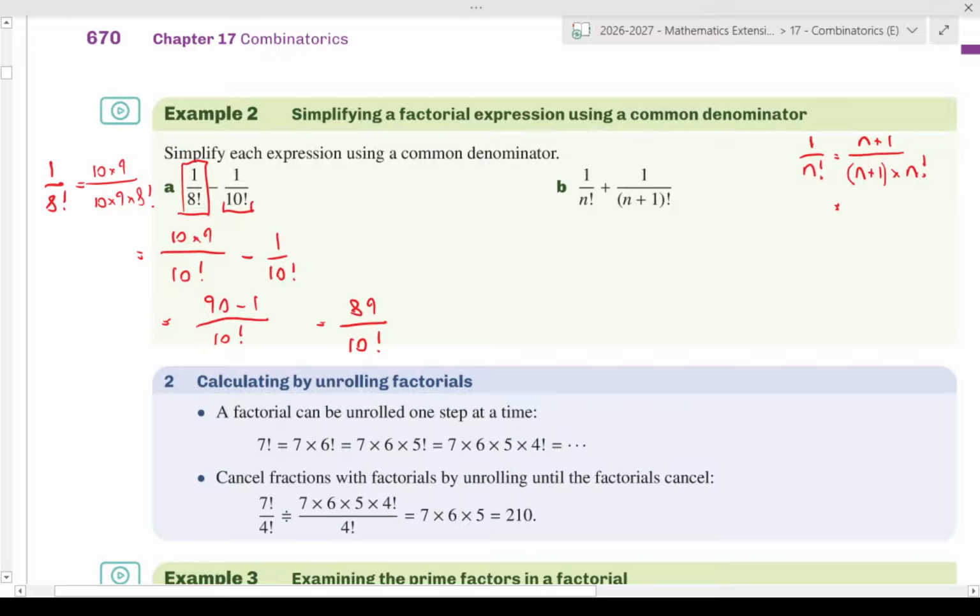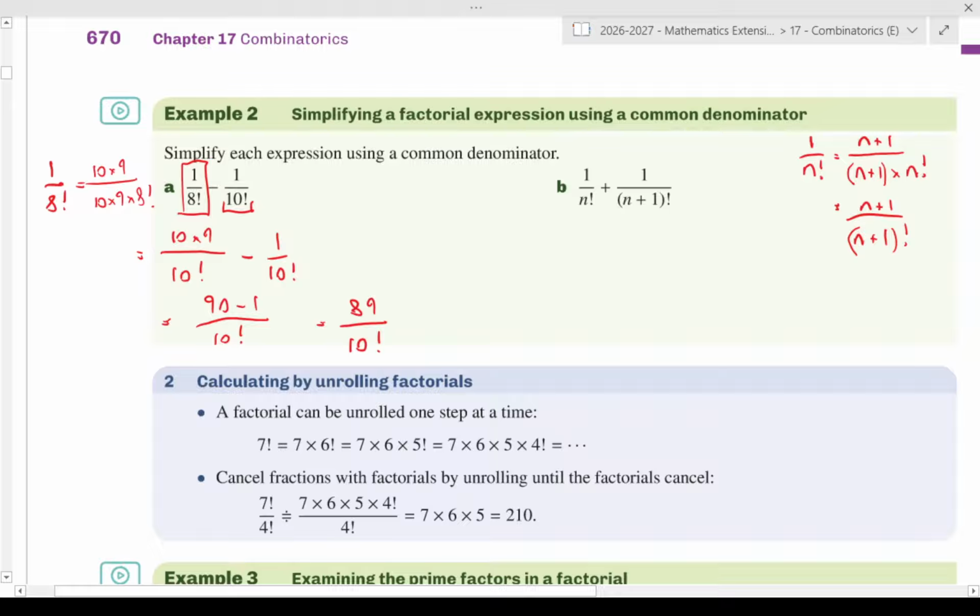Well, I can now write that as n plus 1 over n plus 1 factorial, because n plus 1 times n factorial is n plus 1 factorial. It's the same as we just did over here. 9 times 8 factorial is 9 factorial. So it's just the rollback, or the unrolling.